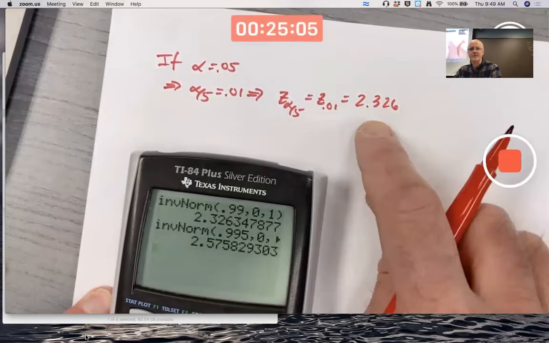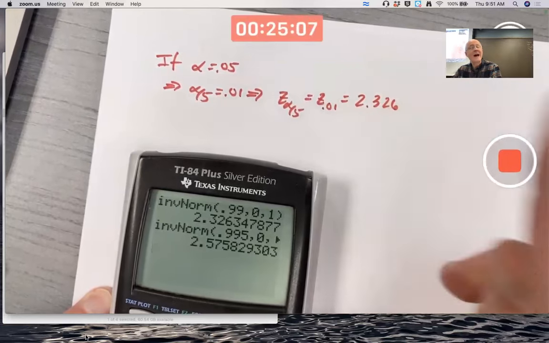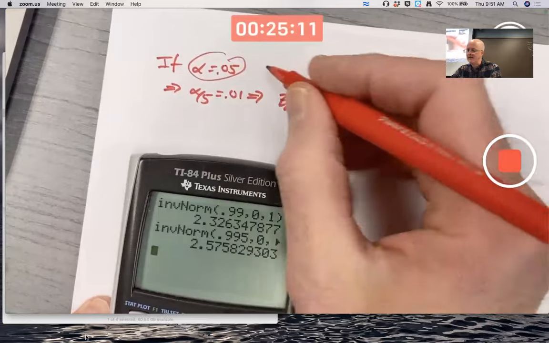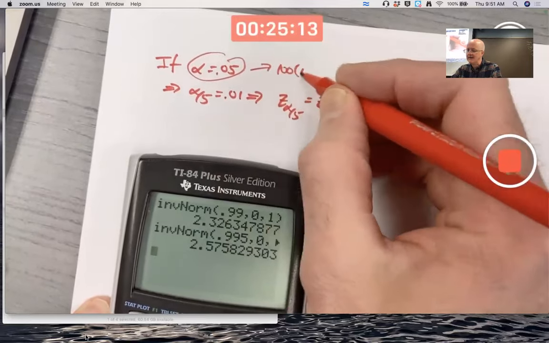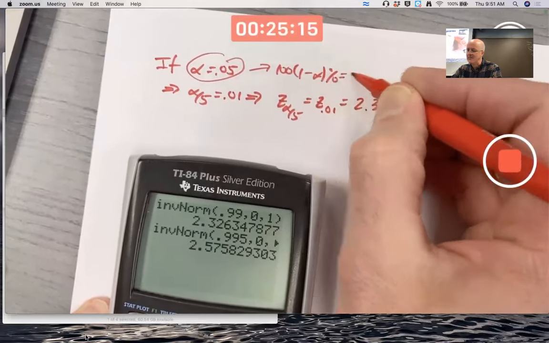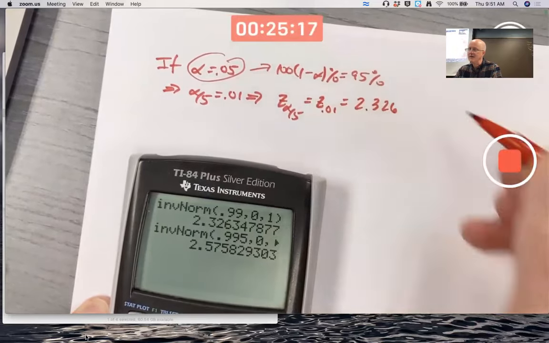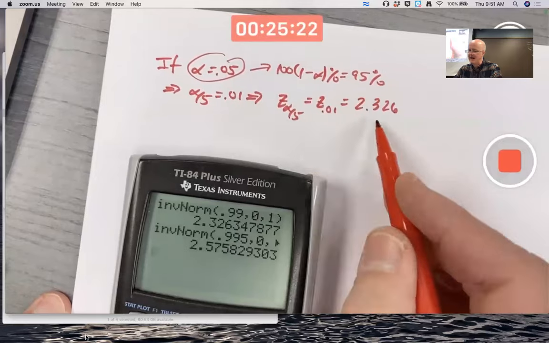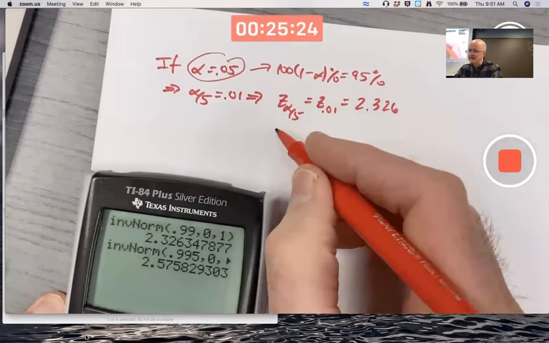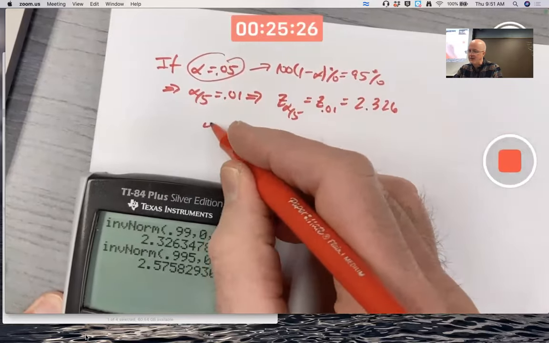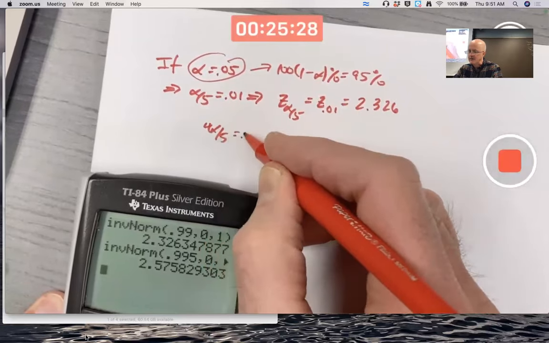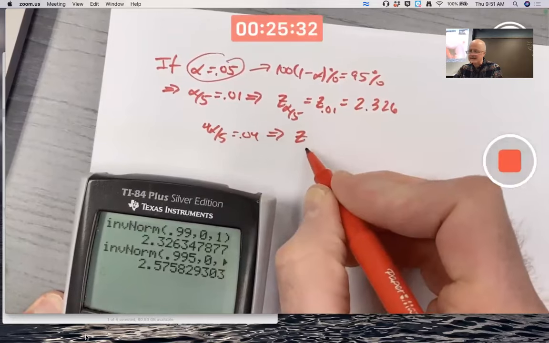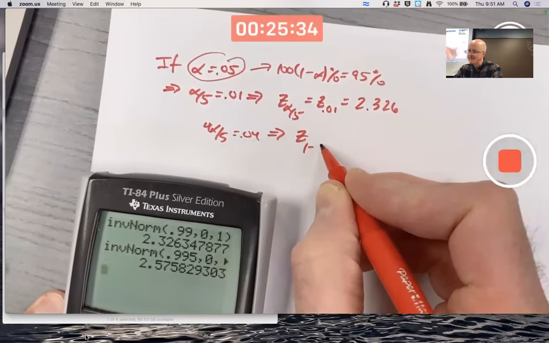But this would be, well, I'm doing a 95% confidence interval here, because alpha is 0.05. 100 times 1 minus alpha percent is 95% for this example. But it's a non-symmetric one, so I get alpha over 5 to be that, and then I also need to compute 4 alpha over 5, 0.04.